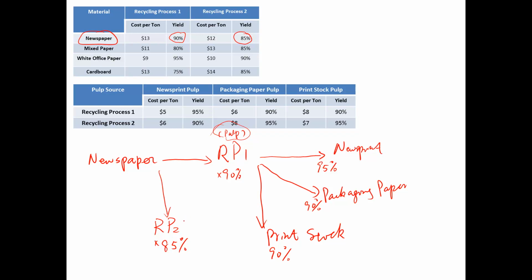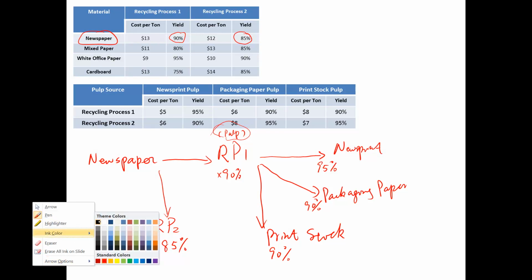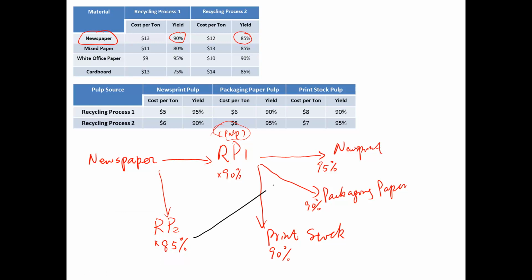These general paper pulps will be transformed into the three different specific pulps again, and since it's process 2, they have different rates. Let me use a different color. So here it also goes to newsprint, packaging paper, and print stock.